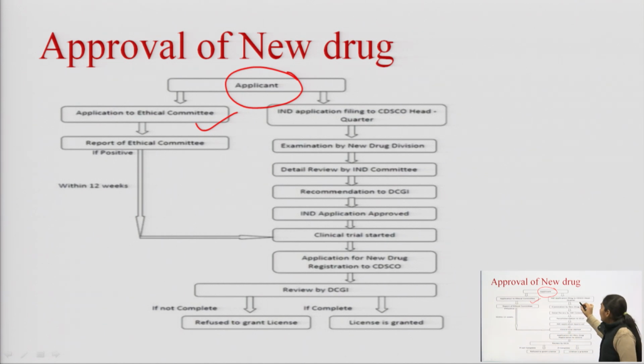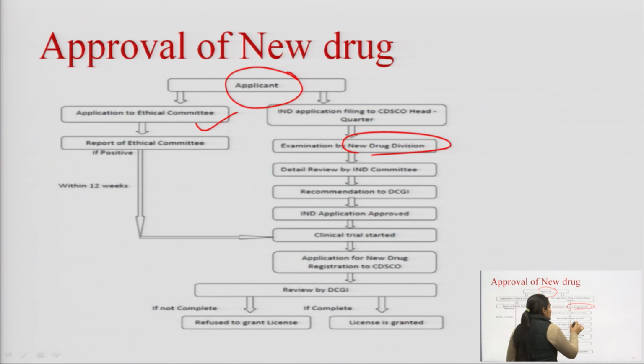So, IND application is submitted to the headquarters of the CDSCO, and this application will be examined by the new drug division. This application will be reviewed by the IND committee, and on the recommendation of the Drug Controller General of India, this IND application will be approved, and after getting the approval, the sponsor will get the permission to conduct the clinical trial.